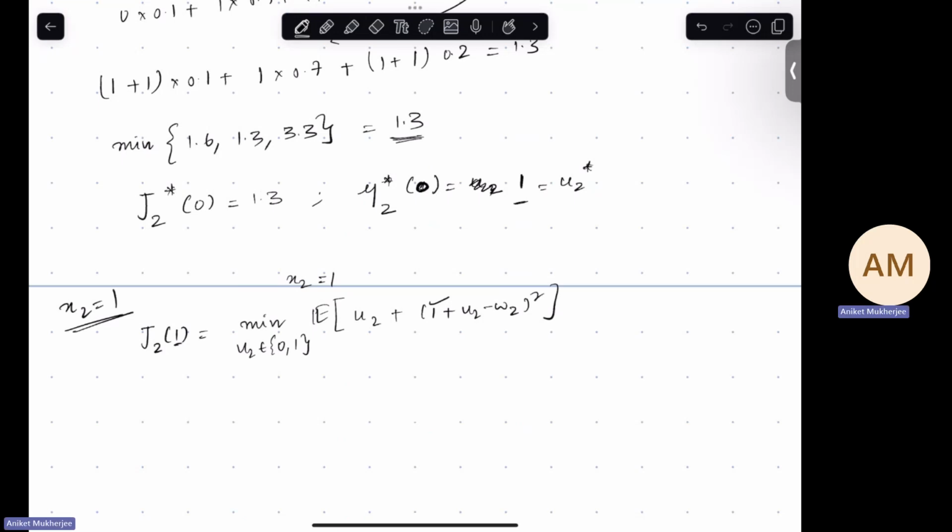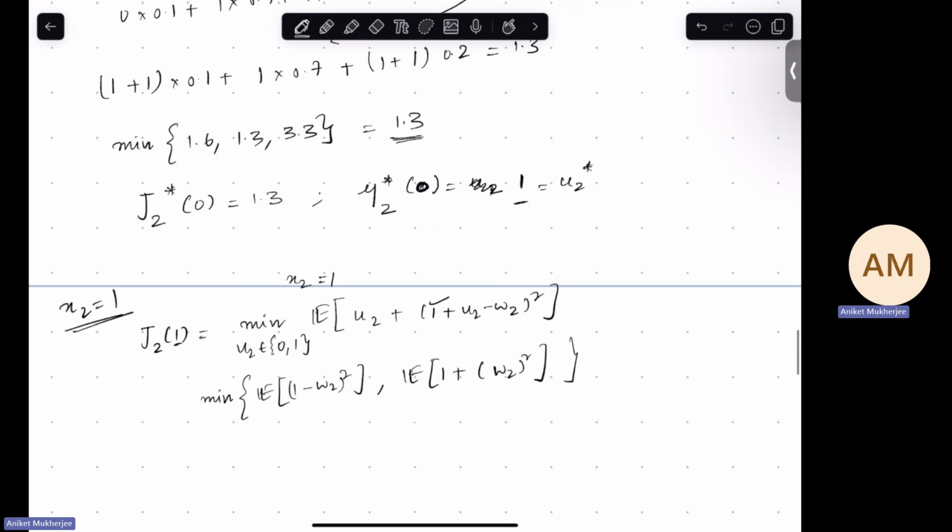Okay, similarly, this becomes the minimum over, now you calculate it for 0, you get expectation of (1 minus w2) whole square, and for 1, expectation of (1 plus 1 minus w2) whole square.